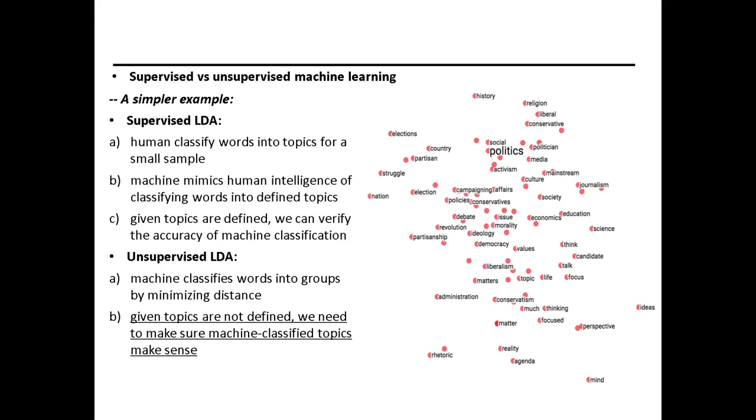You use human judgment to justify that. There's a statistical way to determine the best number of topics, but it is very rarely used, even in computer science. So human judgment is one way to do it.